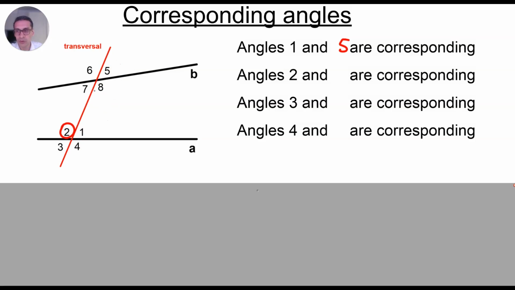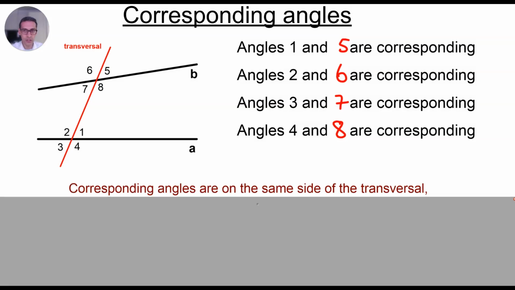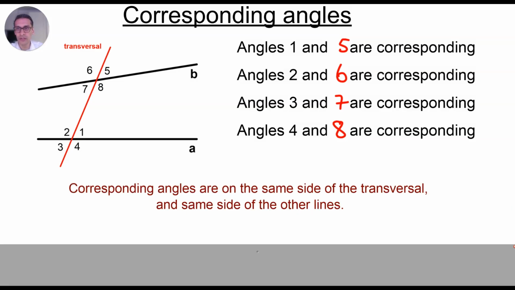Angles 2 and 6 are corresponding because they're both above the line and to the left of the transversal. Angles 3 and 7 are both to the left and below, so 3 and 7, and angle 4 and 8 are corresponding. So the definition for corresponding angles, you should jot this down, corresponding angles are on the same side of the transversal and the same side of the other lines.